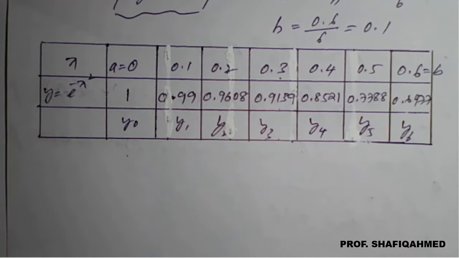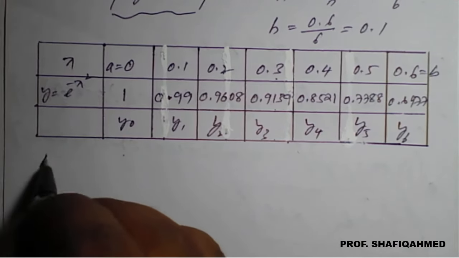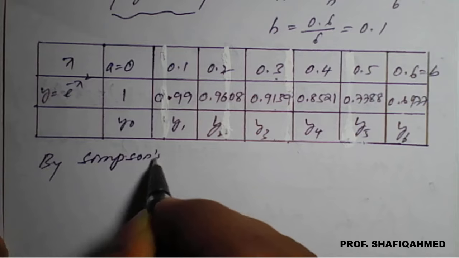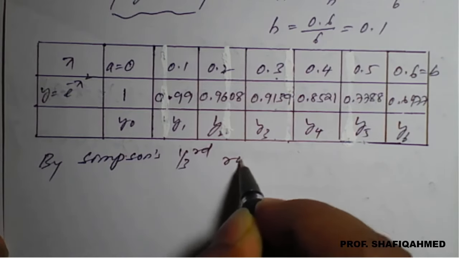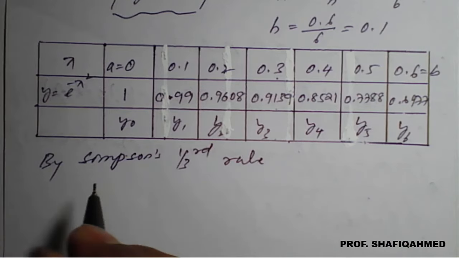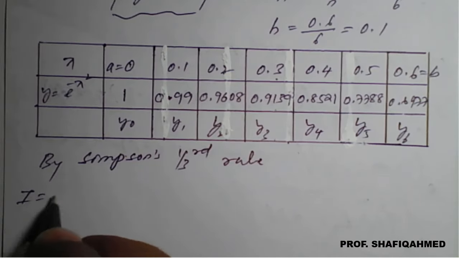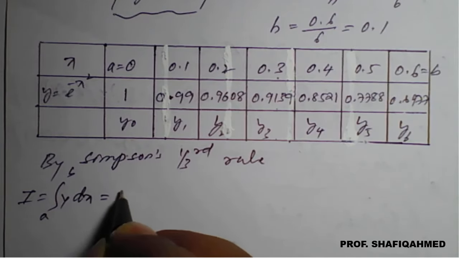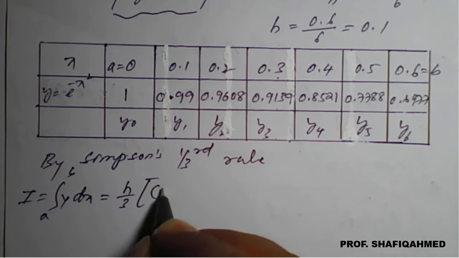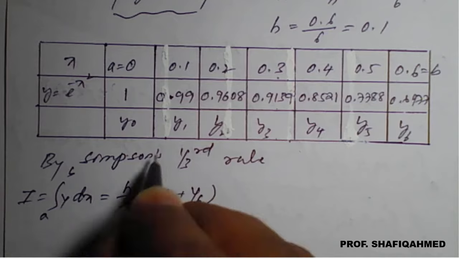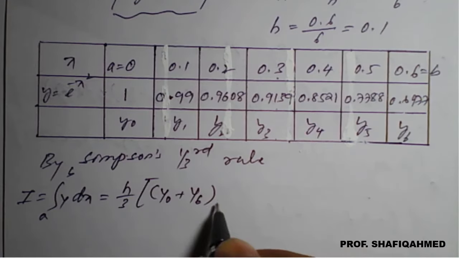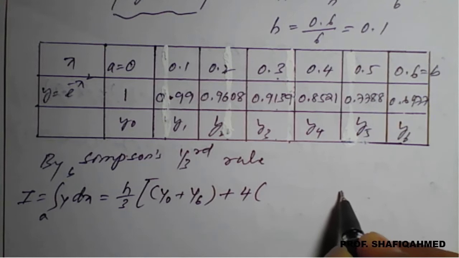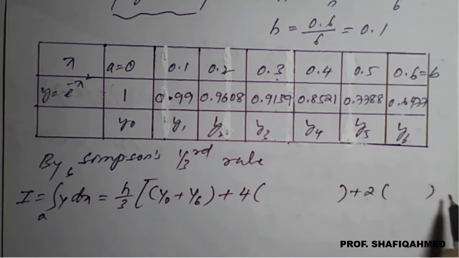With the help of these values, we can say that these are y0, y1, y2, y3, y4, y5 and y6. By Simpson's 1/3 rule, what is the formula? The formula is I is equal to the integration from a to b of y dx, equal to h upon 3, into y0 plus y6, that is first plus last, plus 4 times a bracket, plus 2 times a bracket.